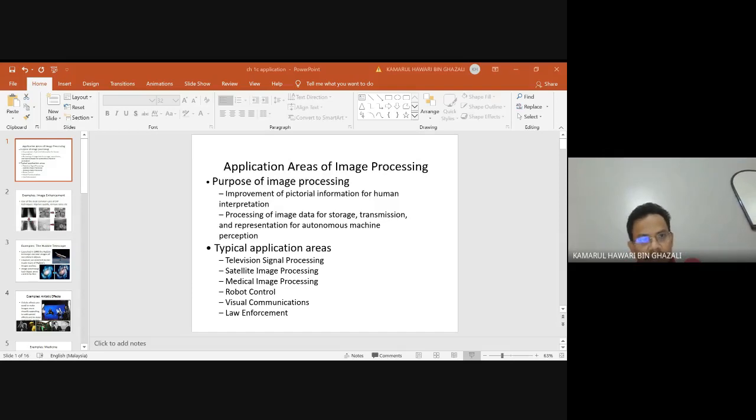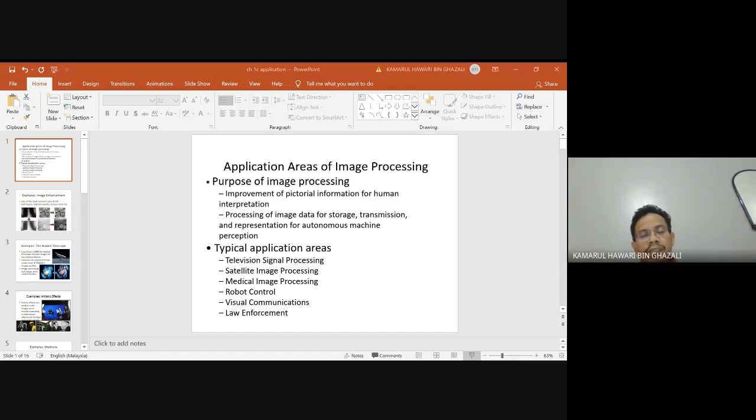If you perform image processing, the result may be just an improvement of the image for human interpretation. That's it. You are not doing the image processing for any controlling or interfacing to hardware. This is just to make it easier for humans to interpret the image.